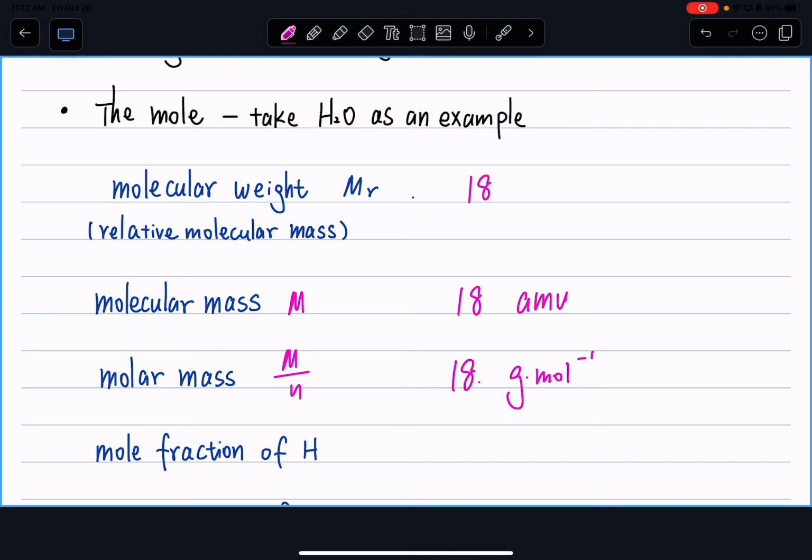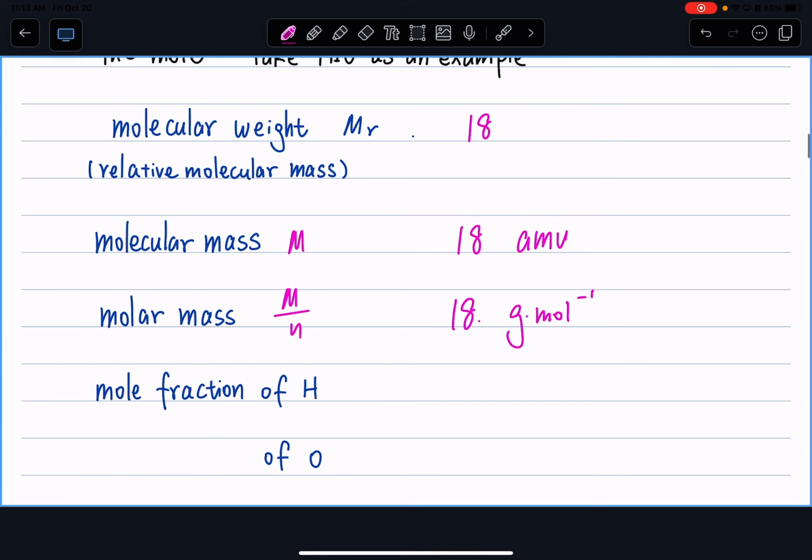All right. And moving on, when we're talking about mole fraction, we're talking about the relative fraction of these elements in the molecule. You can also calculate it by the mass of each element in that molecule. So in this case, this one should be mass fraction, sorry.